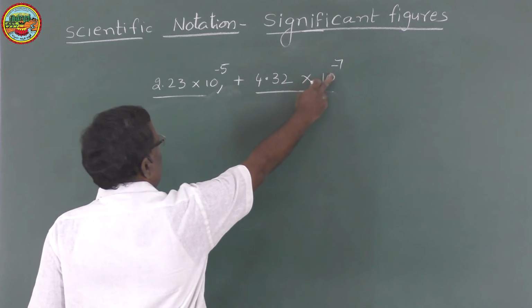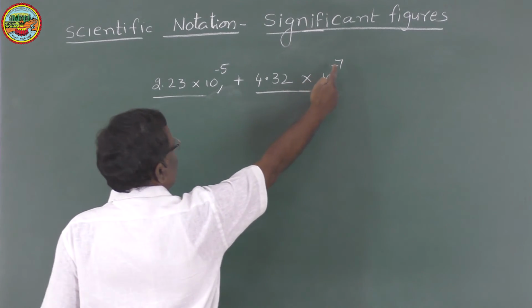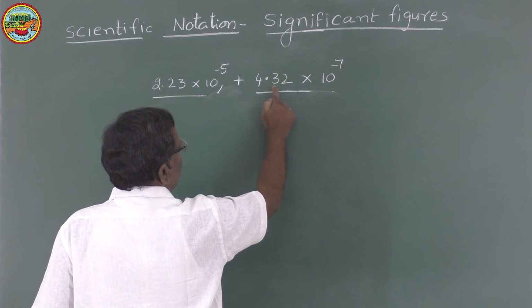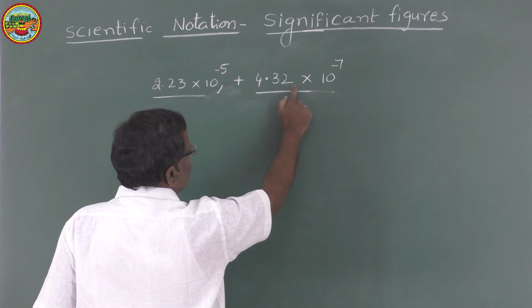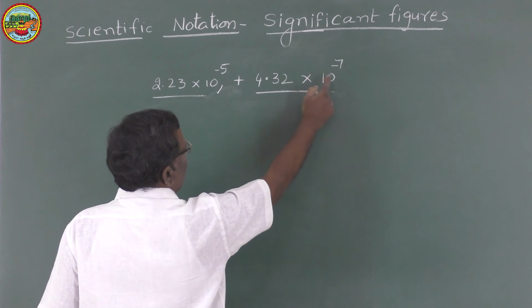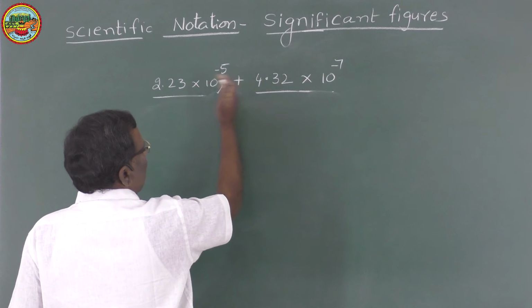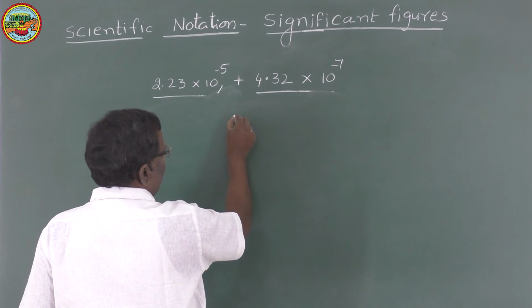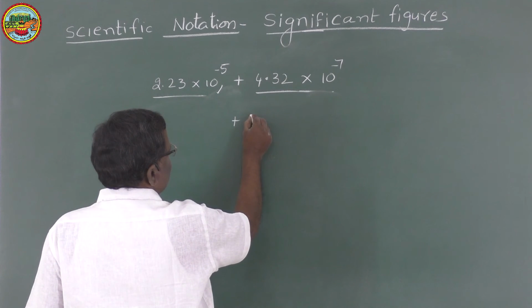In the previous case, for a positive power, we moved the decimal to the right side. But in this case, we have to decrease this value. So you have to move the decimal to the left hand side.